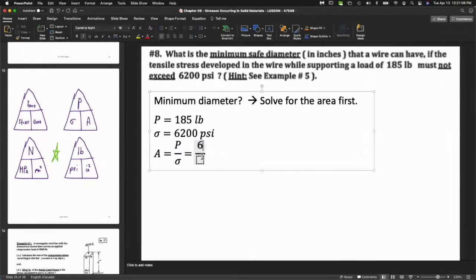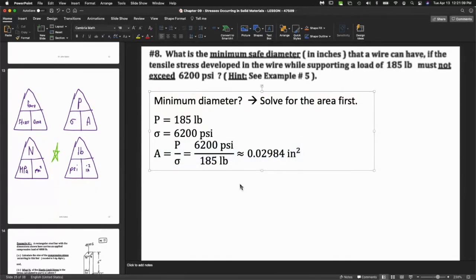So 6,200 psi over 185 pounds, and I'm going to give it lots of digits. We'll put 0.02984 square inches. The reason we know the answer is in square inches for the cross-sectional area of the wire is the consistency between psi, pounds, and square inches.